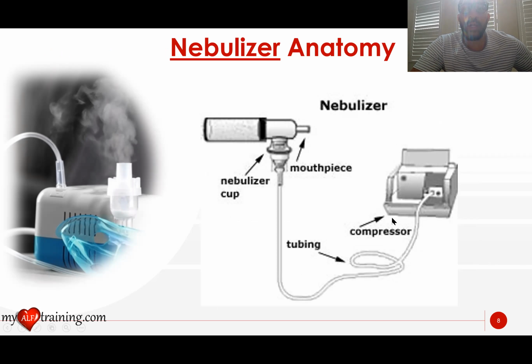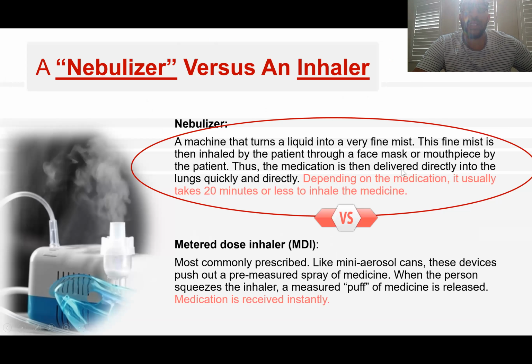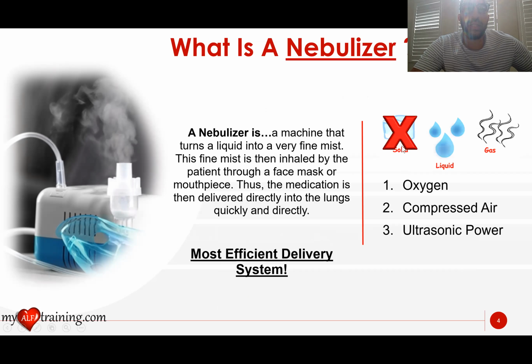So this is what is called the compressor. This is what they refer to as the machine. This is doing all of the work. And if you remember from this slide, these are the three hookups that you can attach to the compressor.